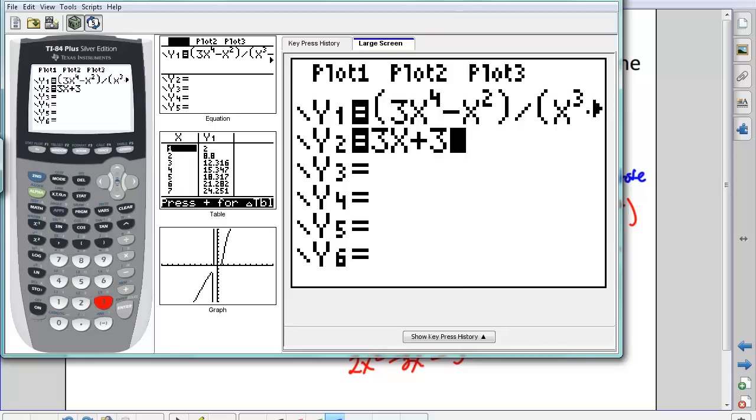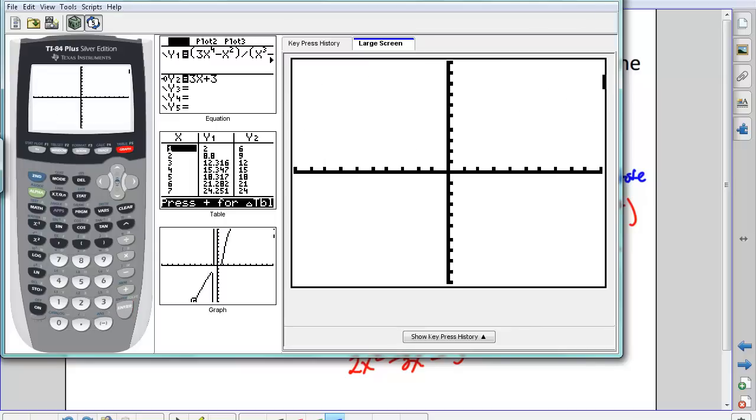Okay, and what I'm going to do, I'm going to change the way that graph is drawn, to make it something where we can make it stand out. So here's what we got. Here is the original graph. Here's that rational function. And then here's the oblique asymptote.